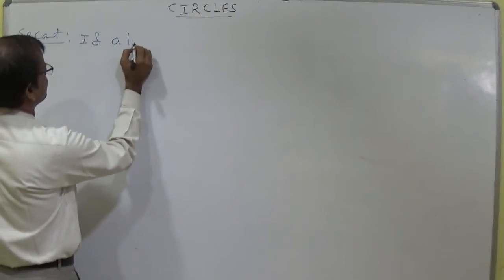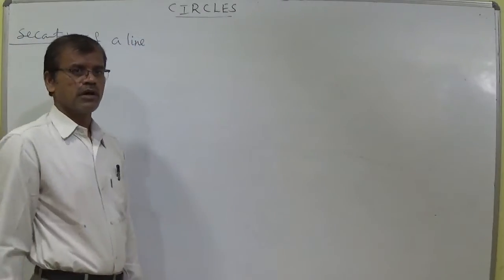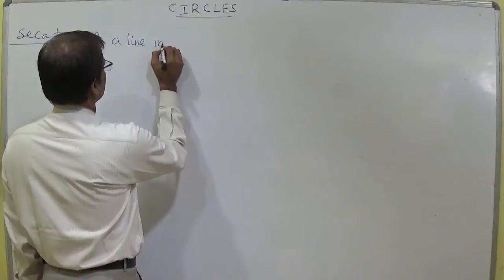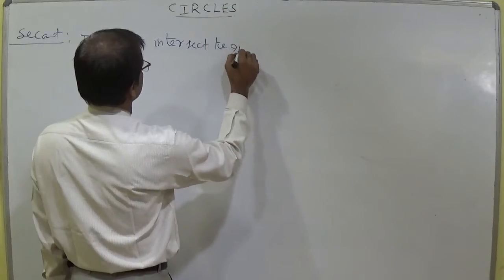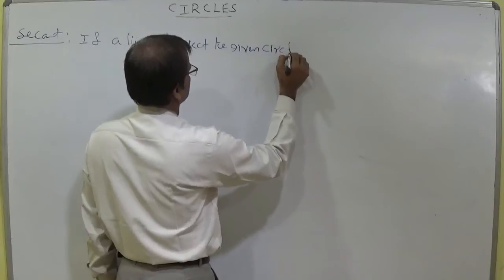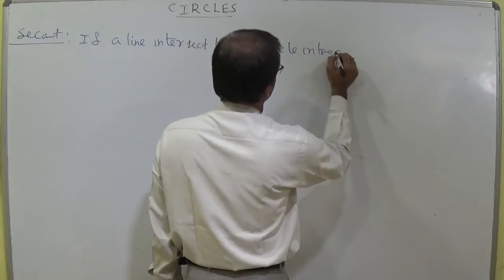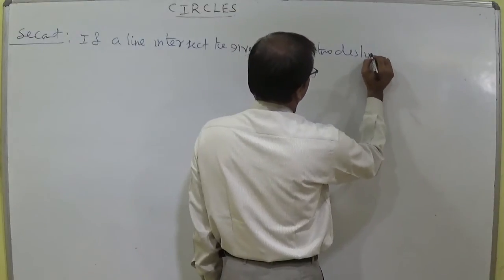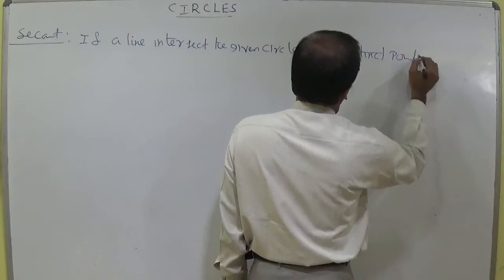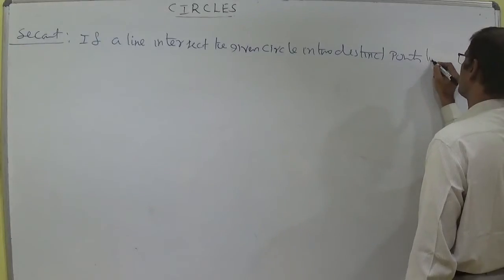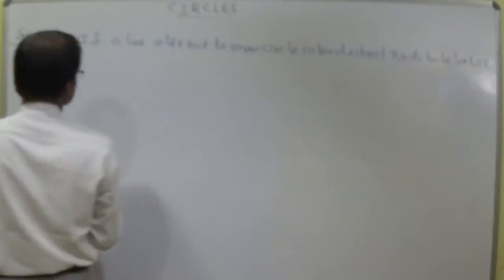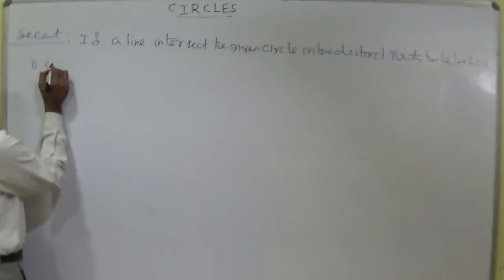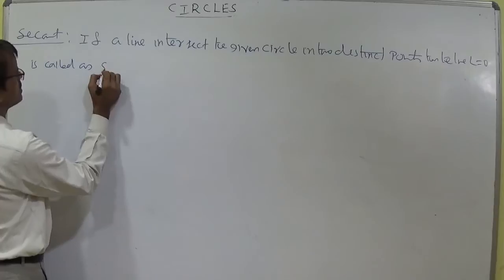If a line, I mean a straight line L equal to 0, intersects the given circle in two distinct points, then the line L equal to 0 is called a secant.